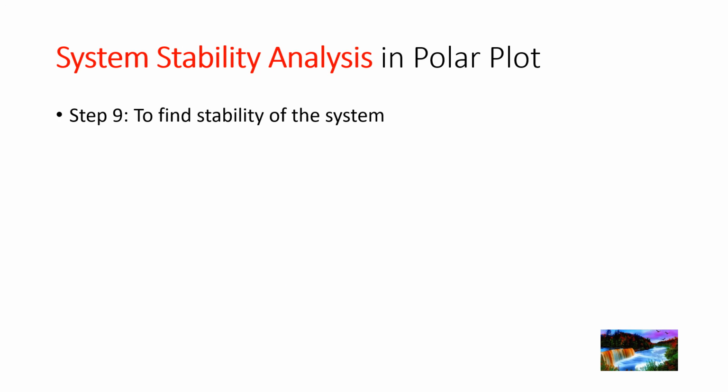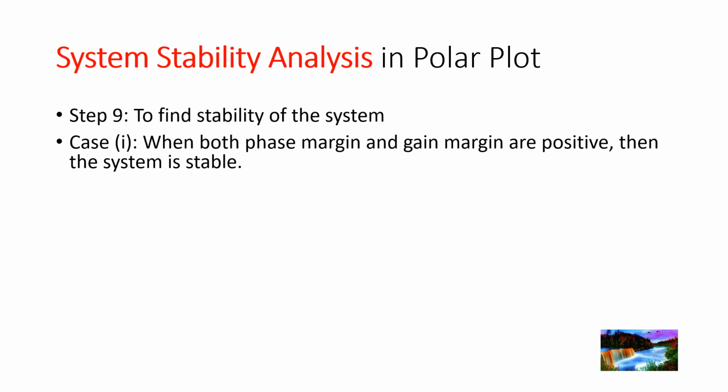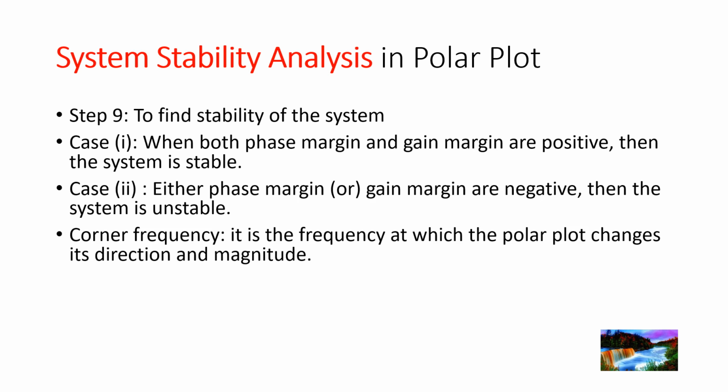Step 9. To find stability of the system. Case 1. When both phase margin and gain margin are positive, then the system is stable. Case 2. If either phase margin or gain margin is negative, then the system is unstable. Corner frequency.